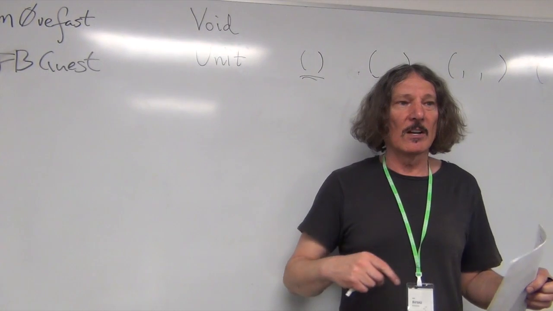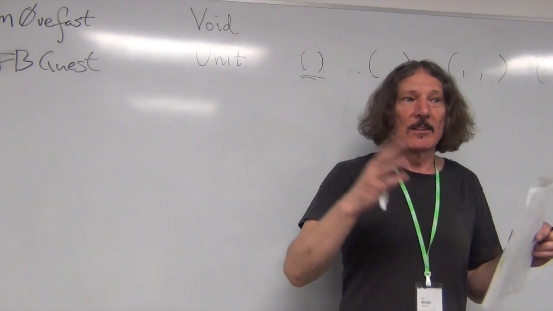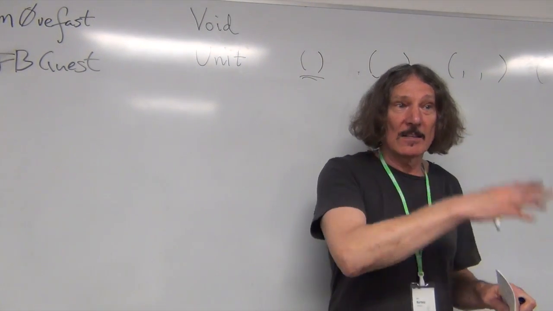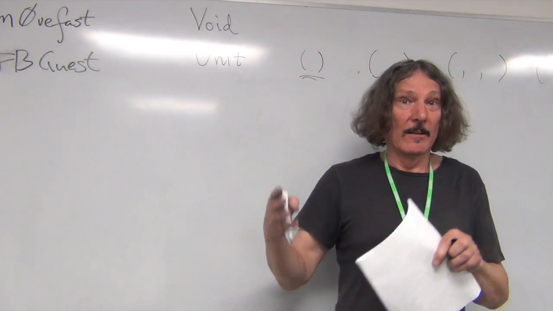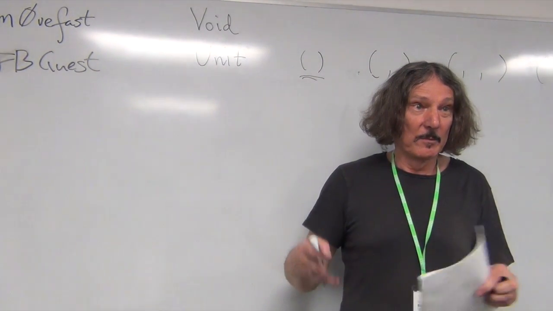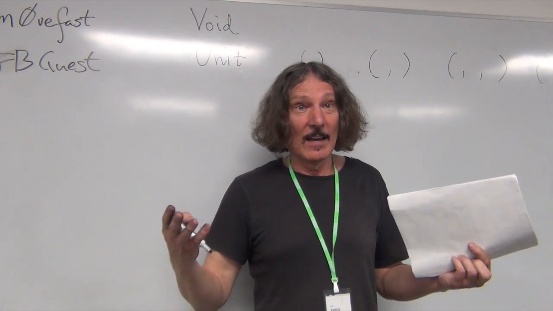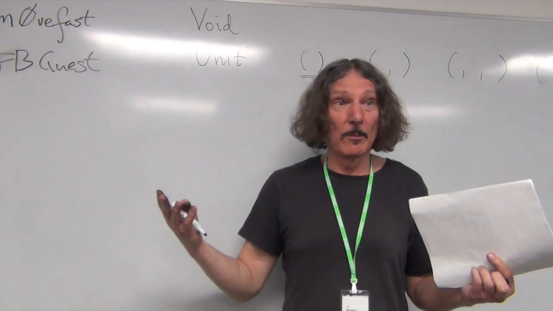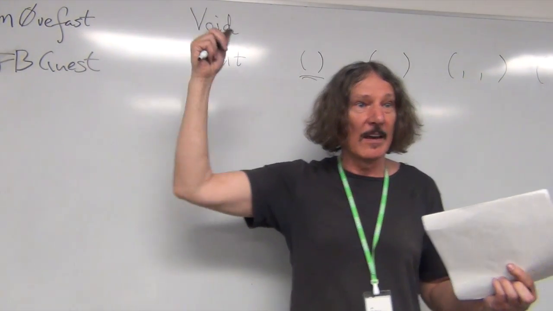When a function returns void in C++, it really returns a token which you can pass to another function that also expects unit, also expects one element. But this element is only one, and it's available everywhere. You can just get it from the air.